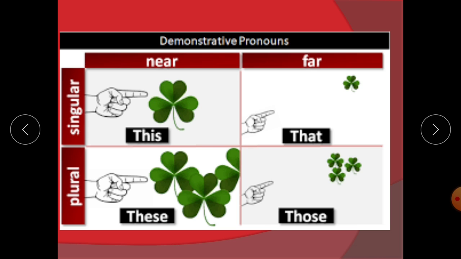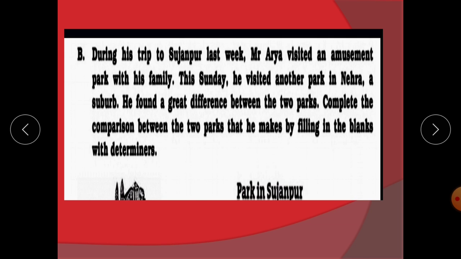This and these point to the objects which are near, while that and those point to the distant objects. Those are far. For distant objects we use that and those.